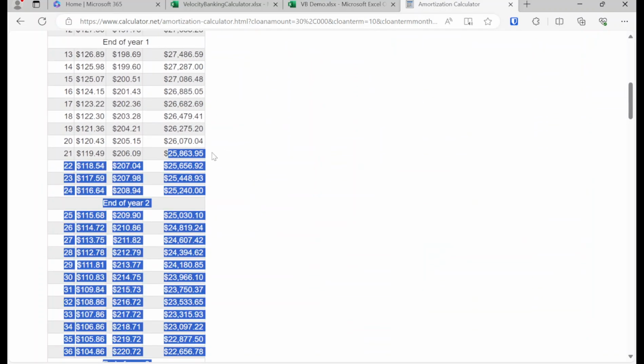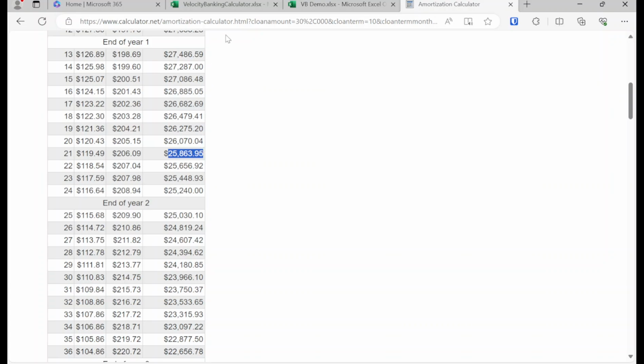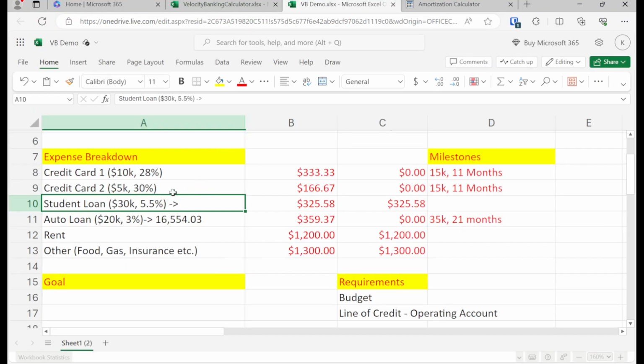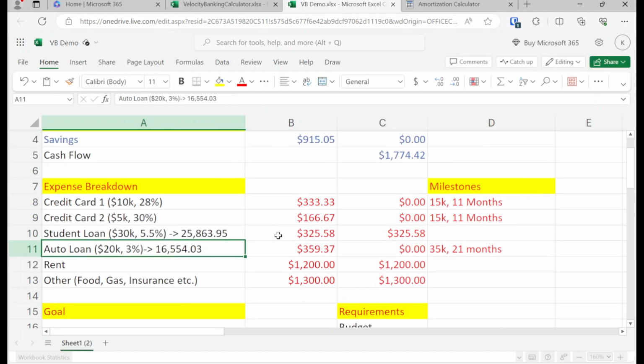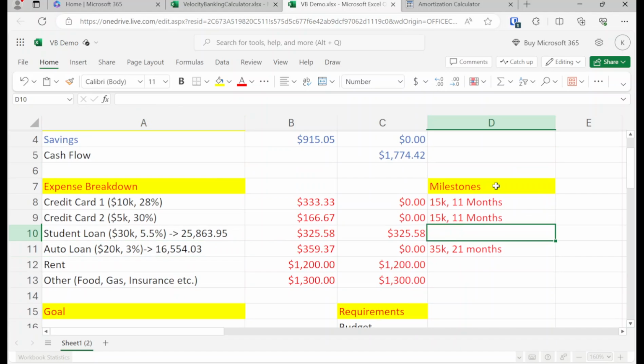So that's going to be 25K. Okay. So let's go ahead and copy that. 25K. All right. So now 25K, let's calculate that new cash flow index. So it'll be 25,863.95 divided by 325.58.